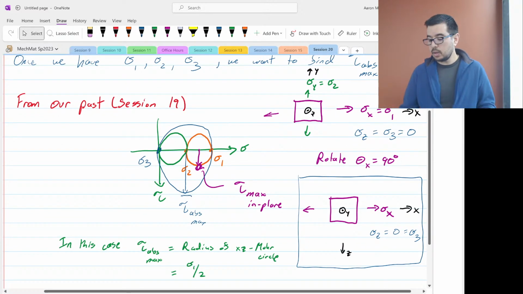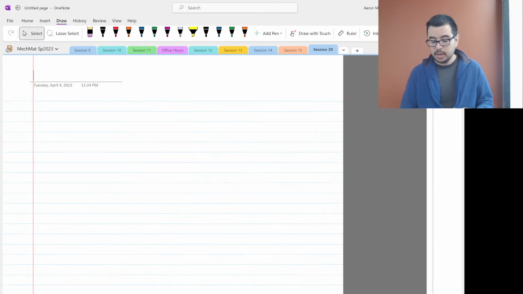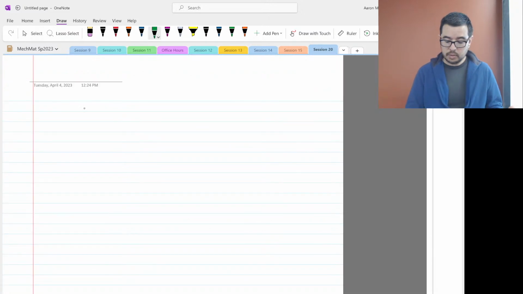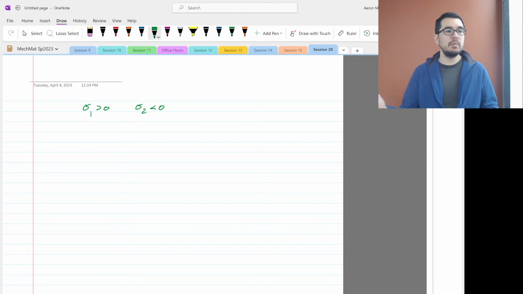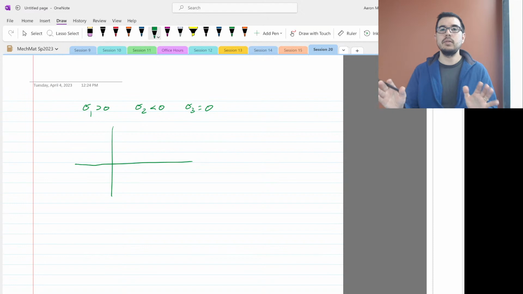There's another case that you'll see in the notes that we're concerned about, and that is when you have sigma 1 greater than 0, sigma 2 less than 0, and sigma 3 equal to 0. In this case, you don't even look at the planes. I'm just going to look at what I've got here.